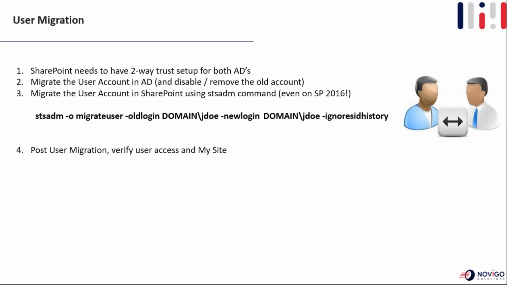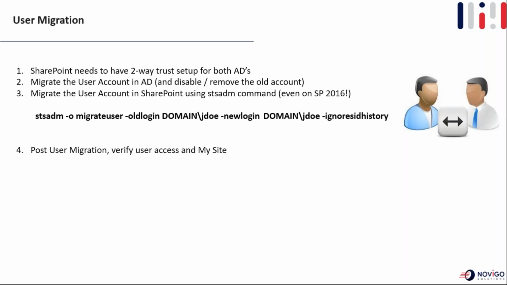The user migration. Here SharePoint needs to have a two-way trust setup for both the Active Directories. Before you can start migrating the users in Active Directory, you need to make sure the user is available in the AD.